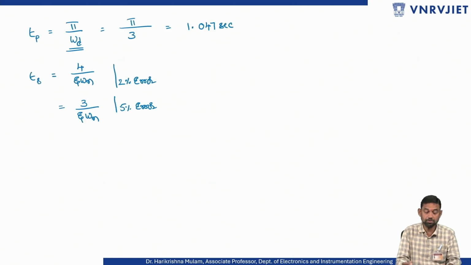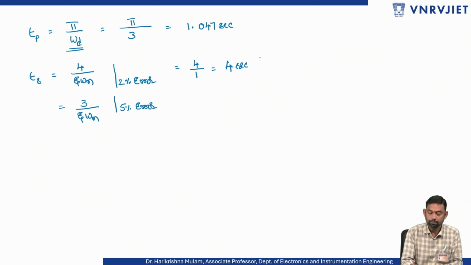Therefore, I can substitute that here. That is 4 by zeta omega n is equal to 1. Therefore, it is 4 seconds for 2% steady state error. And then for 5% steady state error, it is 3 by zeta omega n is 1, which is equal to 3 seconds is the settling time for 5% steady state error.